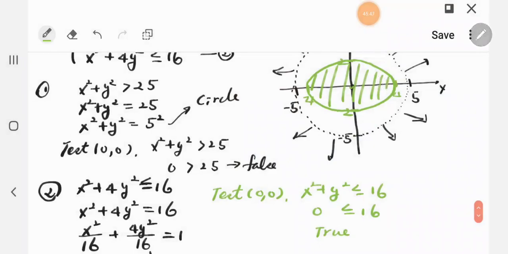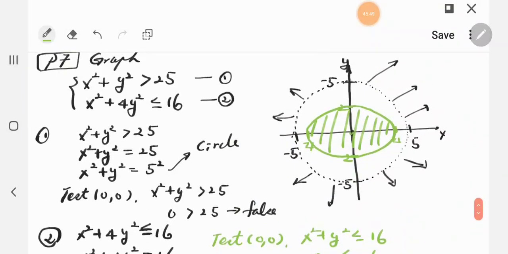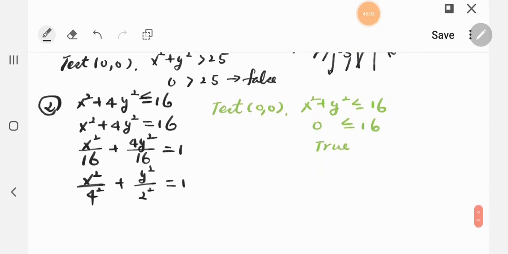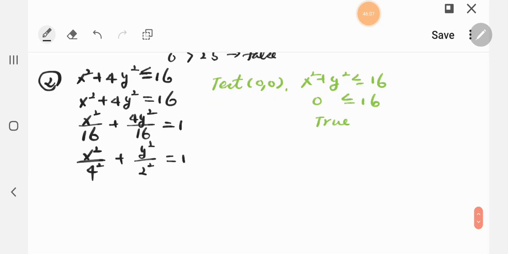All right, so there's no common area, because one is outside the circle and one is inside the ellipse. So the answer: the system has no solution because there's no common area, no intersection.